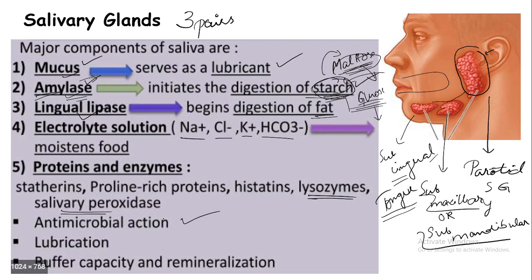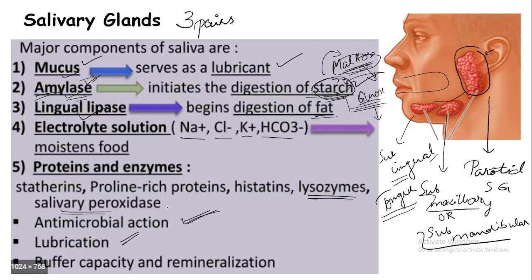Whatever microorganisms are there can be easily killed in the buccal cavity, and if you give time by chewing properly, then the microbial action also will be done, and almost dead bacteria only are sent into the stomach, which obviously will not cause any harm to you because they will be thrown out as waste products.